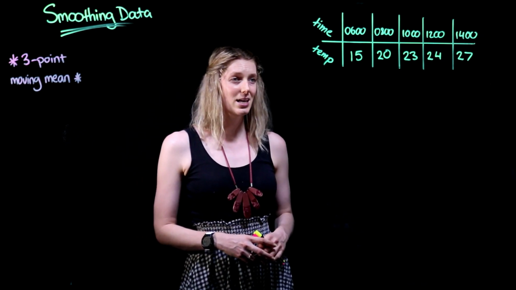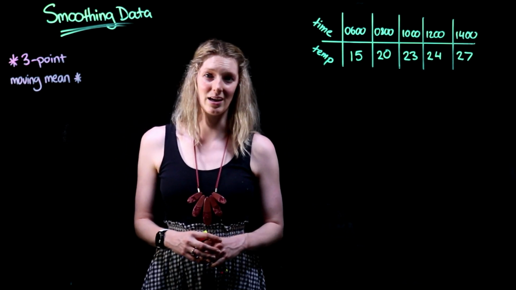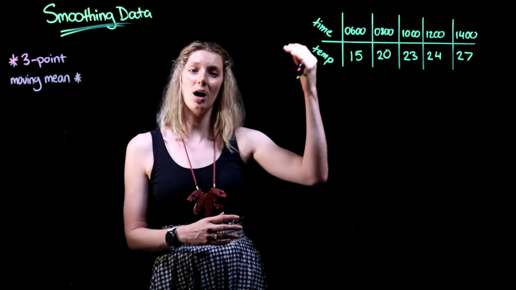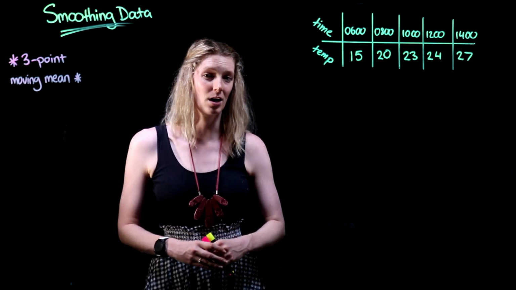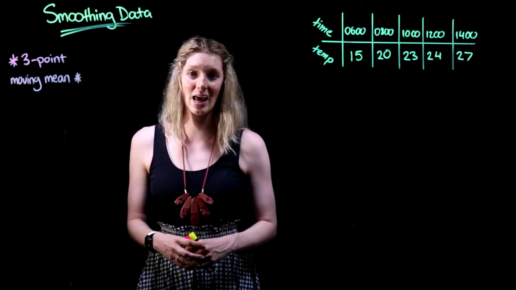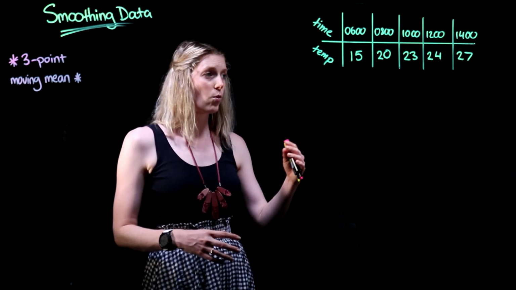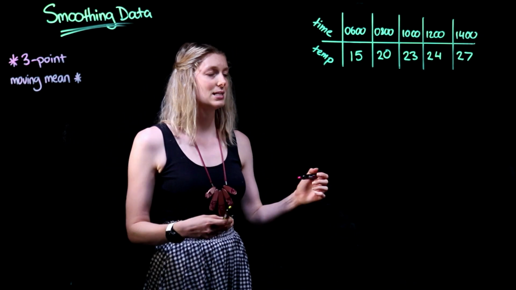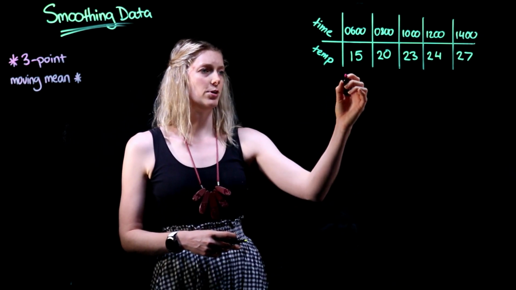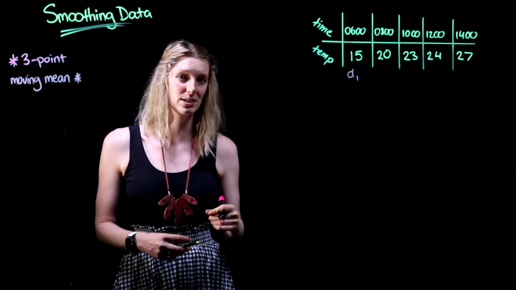To my side here, we have an example of a set of time series data, whereby we have the time of day in 24-hour time in our first row, and in our second row, we have the temperature at each of those time points. Now, when we are looking at this data, we can refer to each as a certain data point.